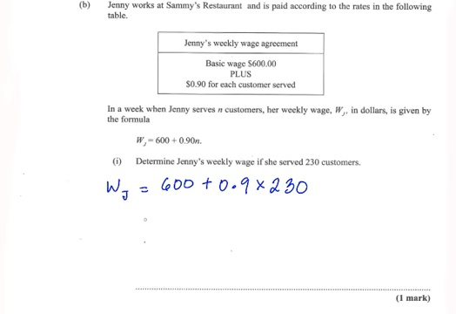This amounts to 600 plus 207, and the answer here is $807. So in a week when Jenny serves 230 customers, Jenny's weekly wage would be $807.